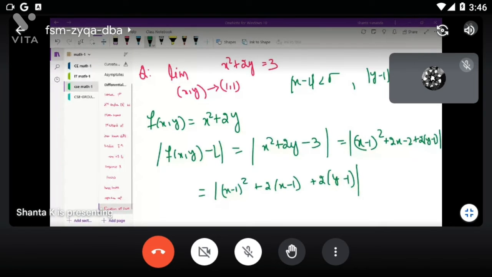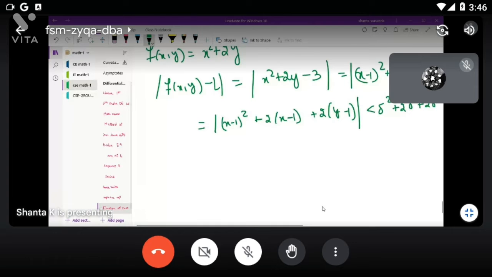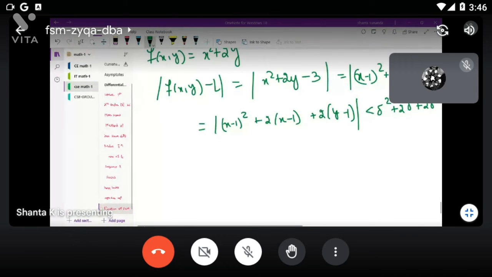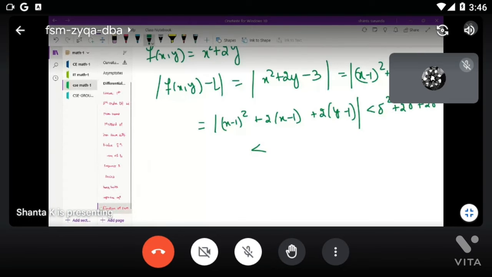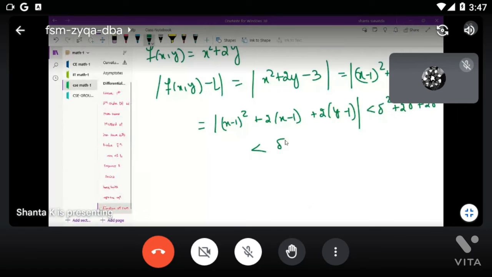Okay, now |x minus 1| is less than delta. So directly you can put delta square plus 2 delta plus 2 delta. Delta is very small, so delta square is also less than delta. So here you can make it 5 delta. It is up to you. Delta plus 4 delta, that is 5 delta, and this will be your epsilon.